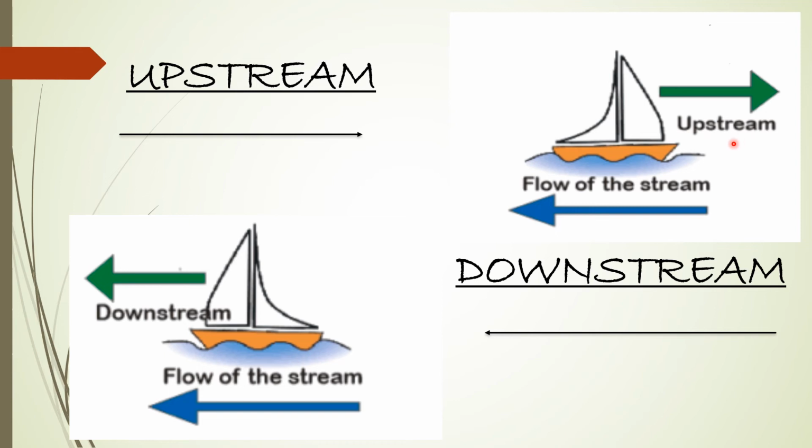They both are moving in opposite directions. This is what we call upstream. Whereas in downstream, you can see the boat as well as the flow of stream both in the same direction. In upstream, opposite direction. In downstream, same direction.